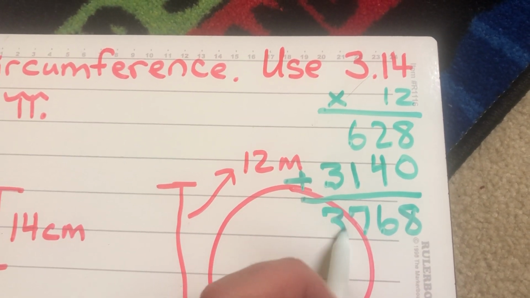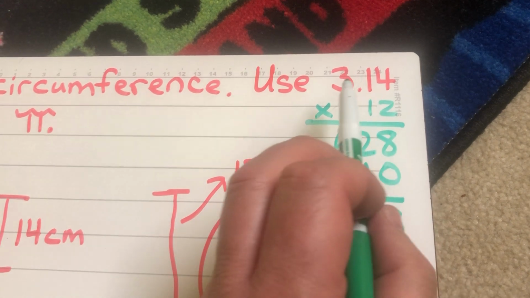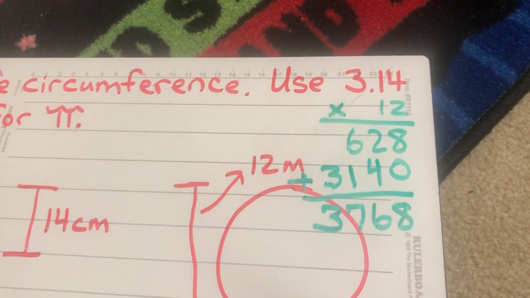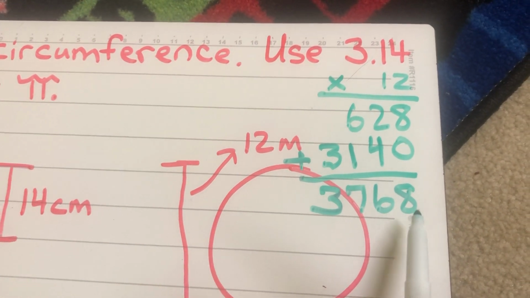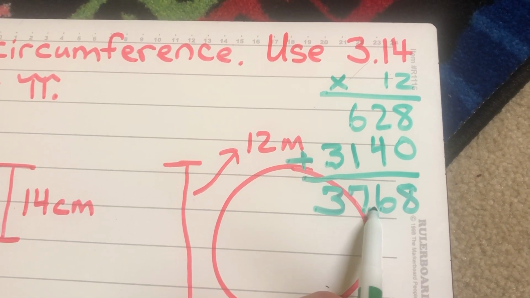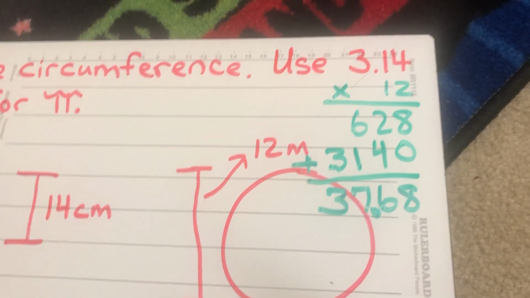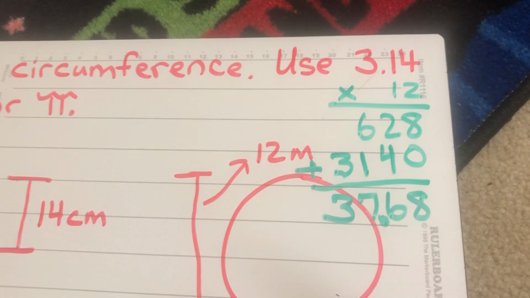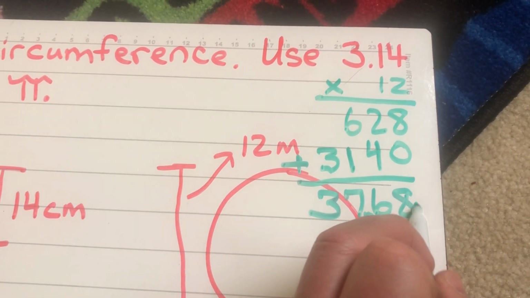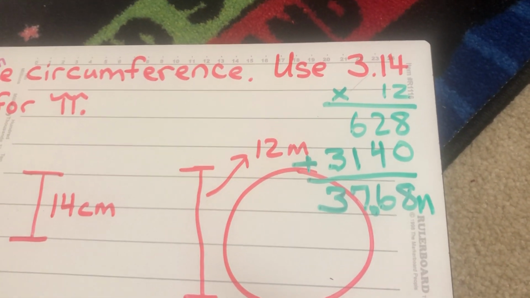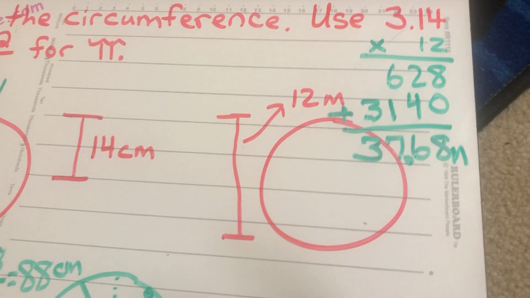Nothing plus 3 is 3. There are 2 numbers that come after the decimal in the problem, so I need 2 numbers after the decimal in the answer. 37.68 meters for the circumference for circle number 2.